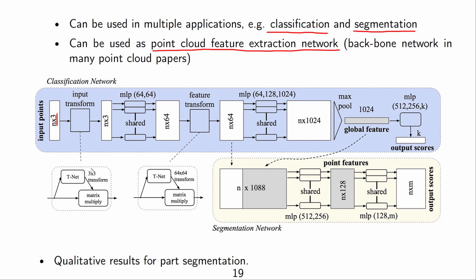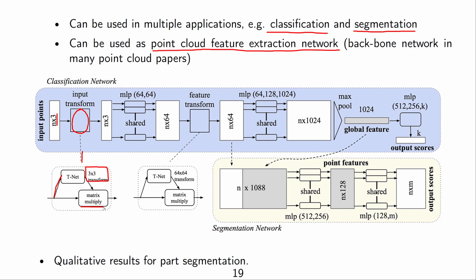The spatial transformer is a black box here that is explained in more detail down here, where the point cloud goes into one network that learns a 3x3 transformation matrix and applies this 3x3 transformation matrix to the whole point cloud using matrix multiplication.